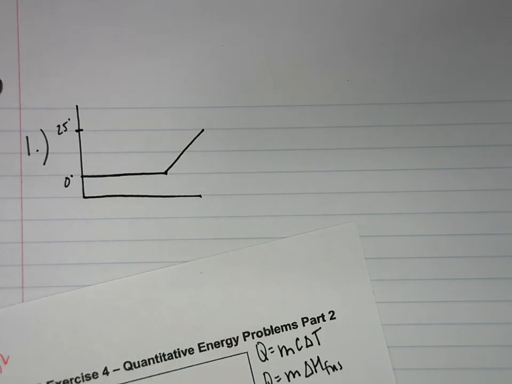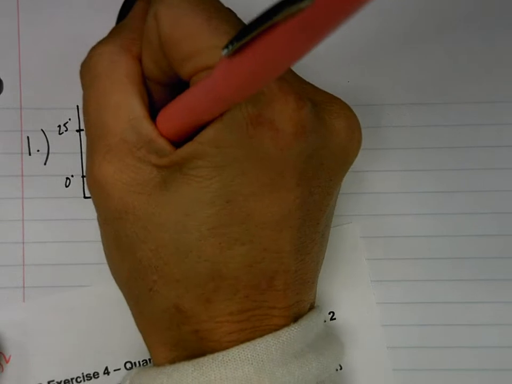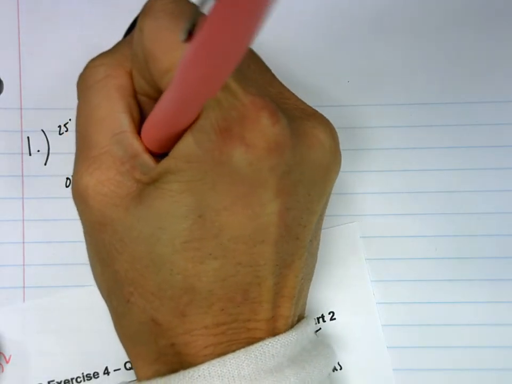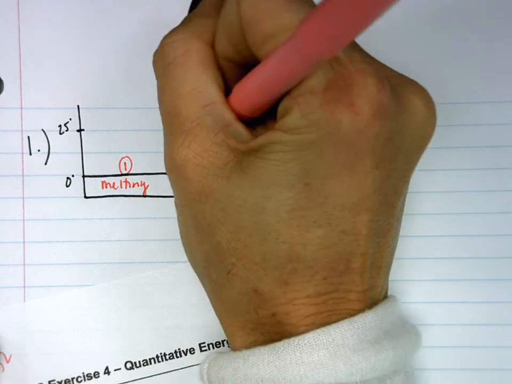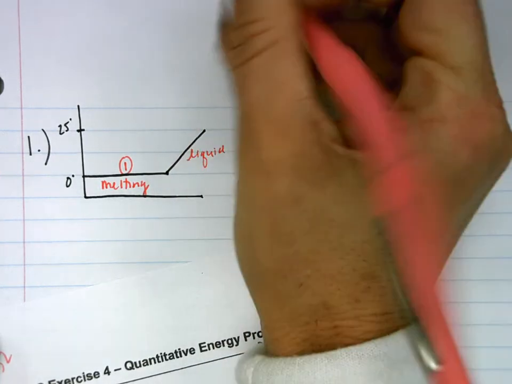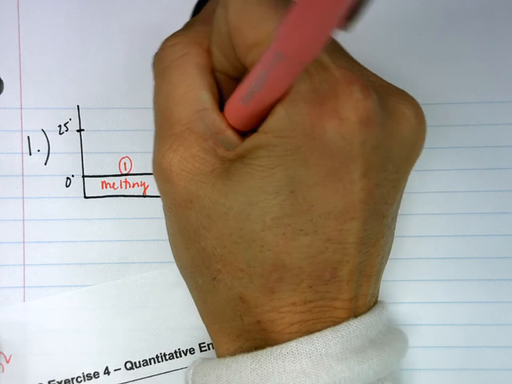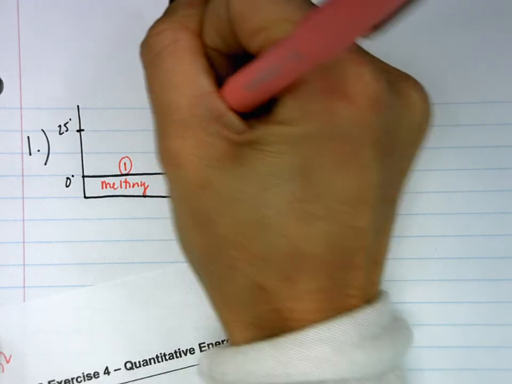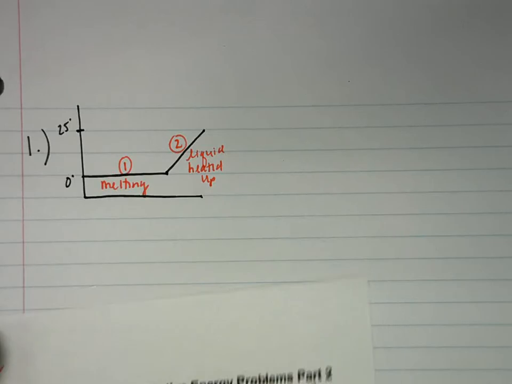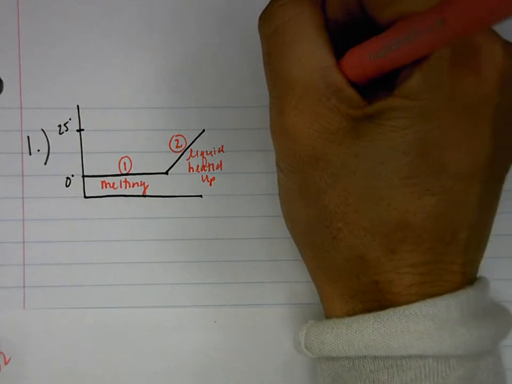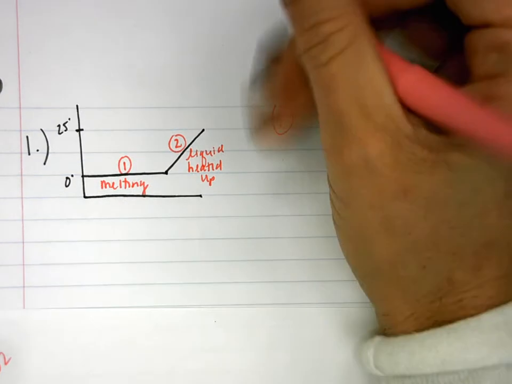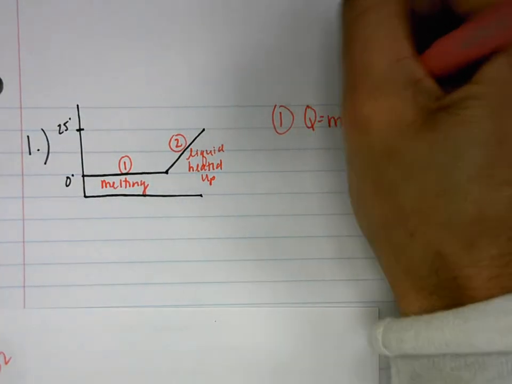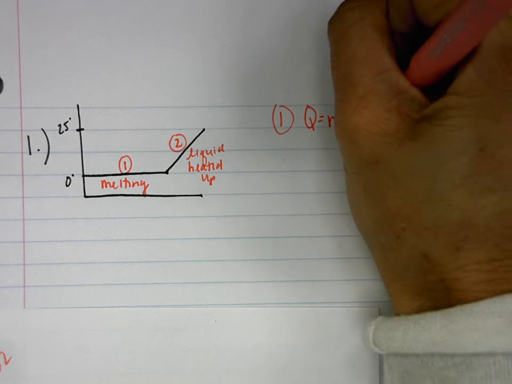You can see there are 2 parts to the graph, so you have to calculate your Q, your energy, for 2 different parts. The first part is our ice melting. And then that ice that melted, the liquid, heated up to 25 degrees Celsius. For the first one, there's no change in temperature and we're melting, so we're using Q equals m delta H of fusion.